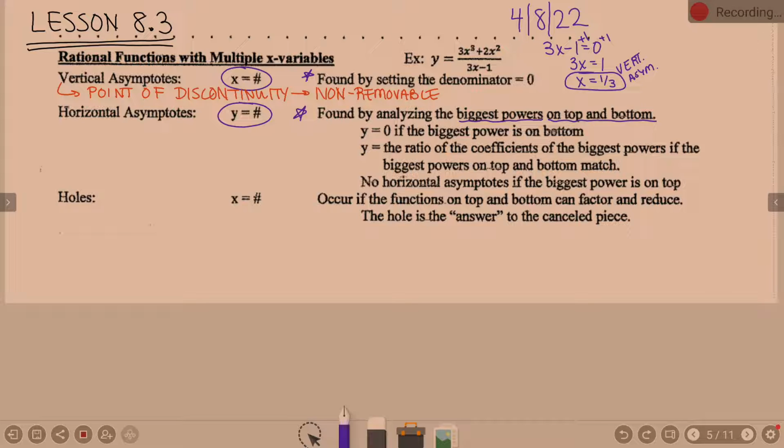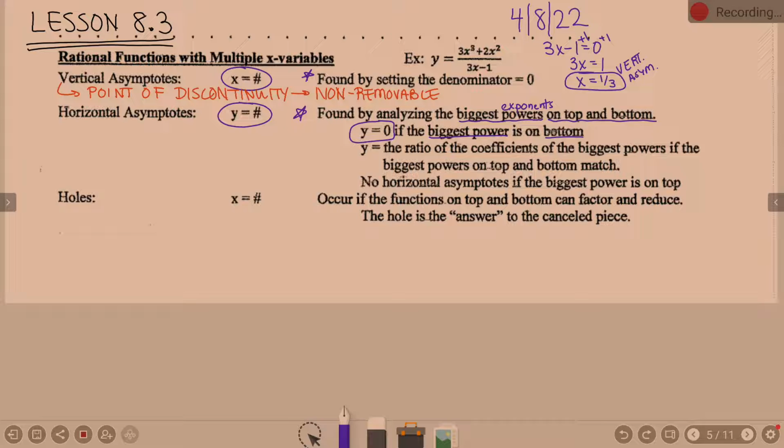And when we talk about powers, we're talking about exponents, right? So as we look at exponents, if the biggest power is on bottom, then y equals 0 is your asymptote. Those are the ones we had yesterday, where the biggest power was on bottom.